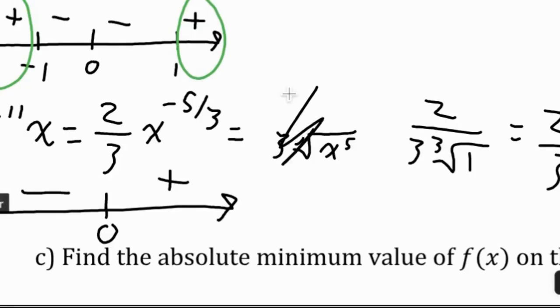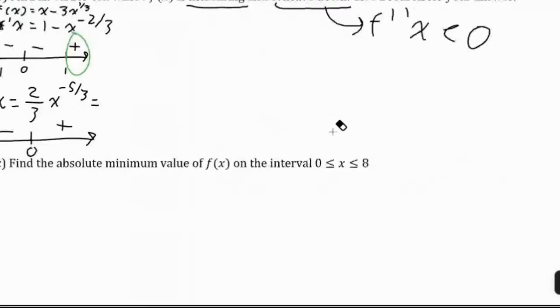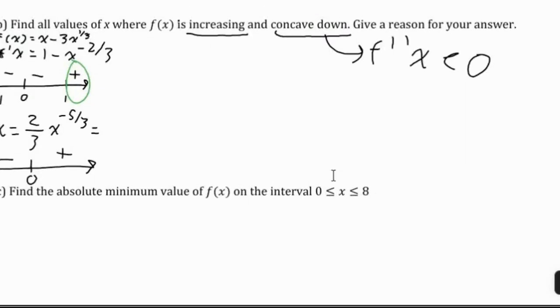Now, we haven't answered the question yet, so let's go ahead and do that. Oops, I meant to erase that. Let me go ahead and do that. So it wants us to find where f of x is increasing and concave down. If we look at our intervals, f of x is increasing from negative infinity to negative 1 and from 1 to infinity. And f of x is concave down where the second derivative is less than 0.